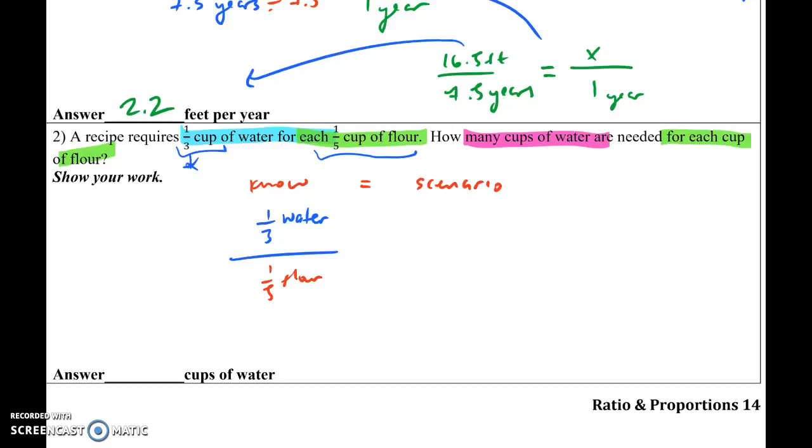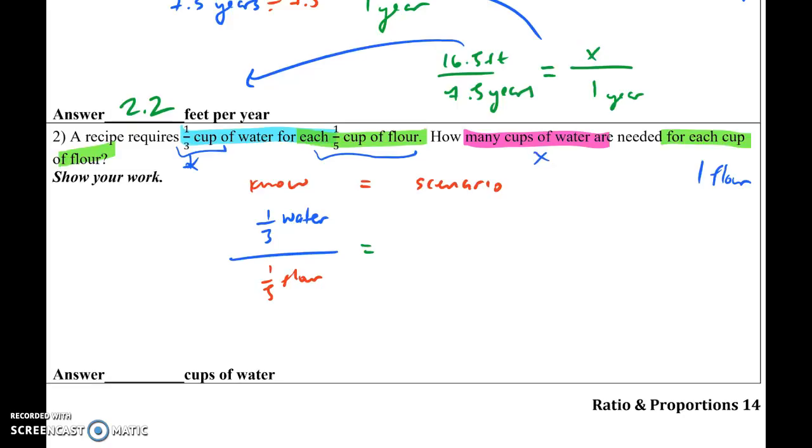All right, and this is going to be equal to some kind of scenario, and that's usually found in the question. So the question says, how many cups of water are needed for each cup of flour? Well, each would imply that we're talking about 1 cup of flour. And how many cups of water means X water.